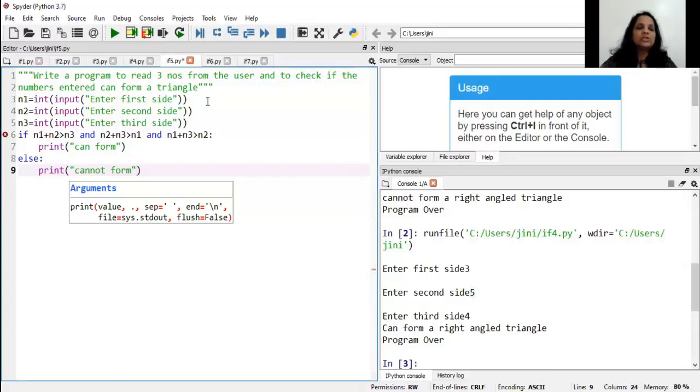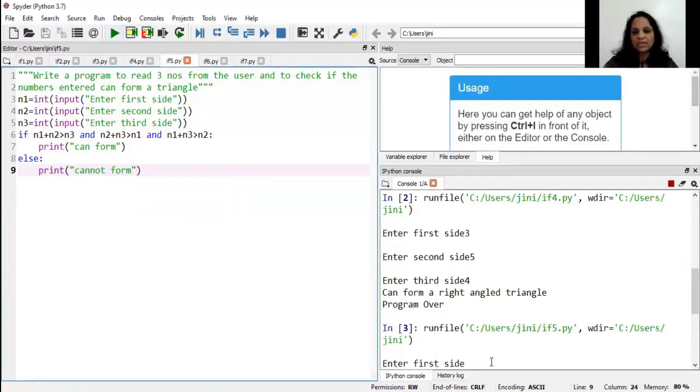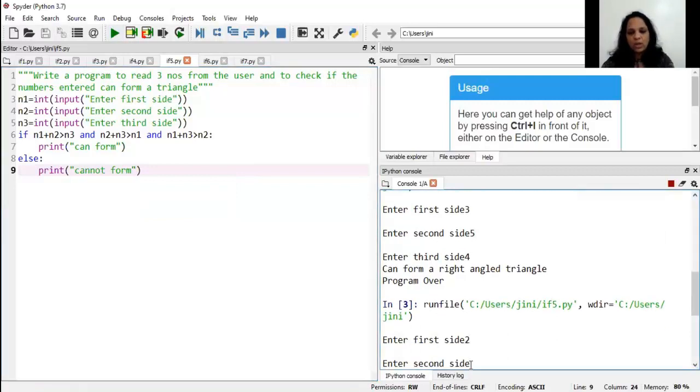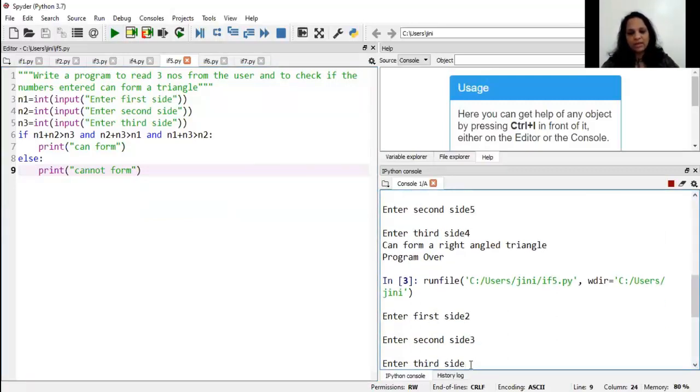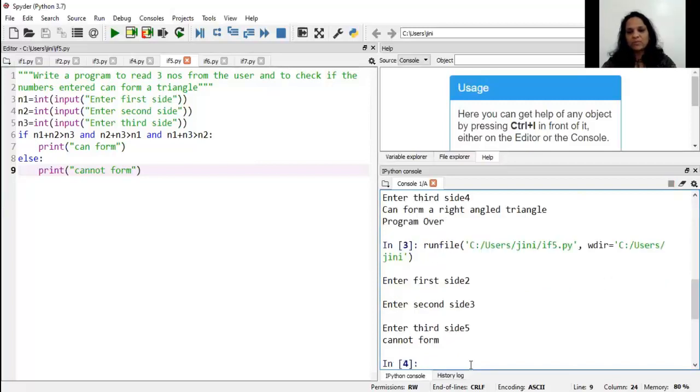Okay, so let me just give an example here and see whether we are going to get the right thing. I have 2, I have 3, and I have 5. Cannot form. Now, why is it saying cannot form? Because when I say 2 plus 3, 5, is 5 greater than 5? No. So that means this cannot form a triangle.